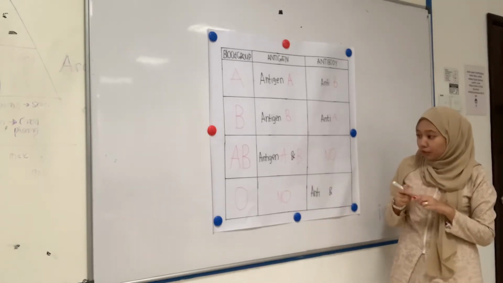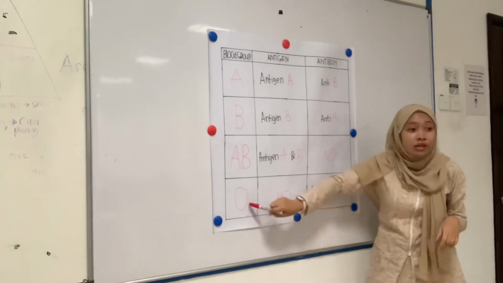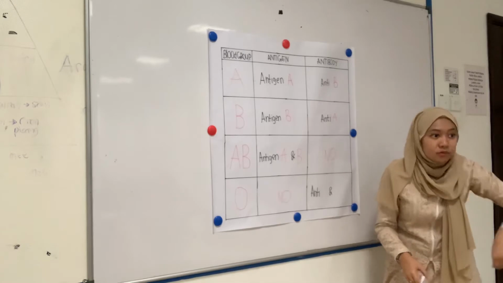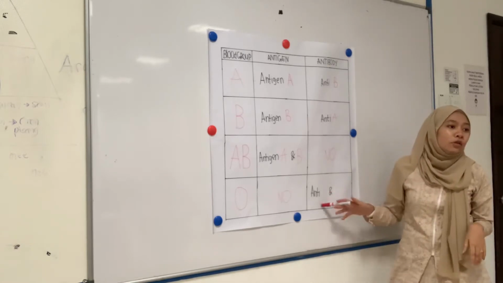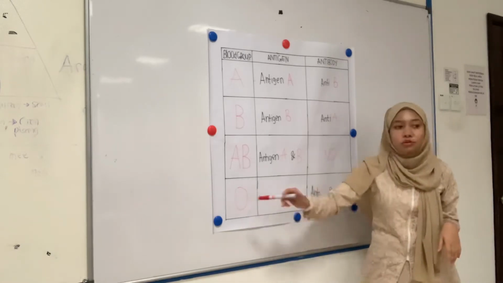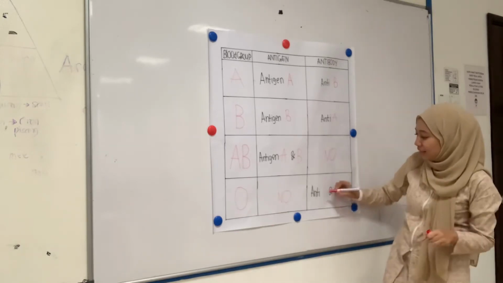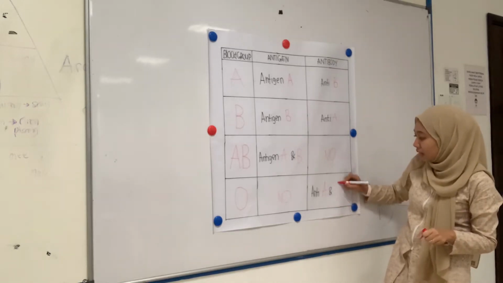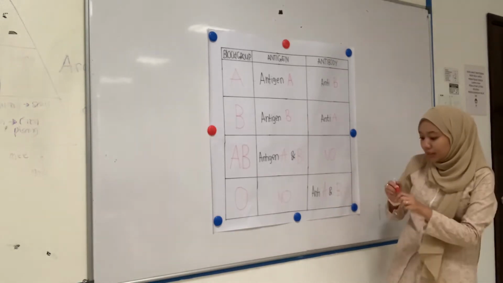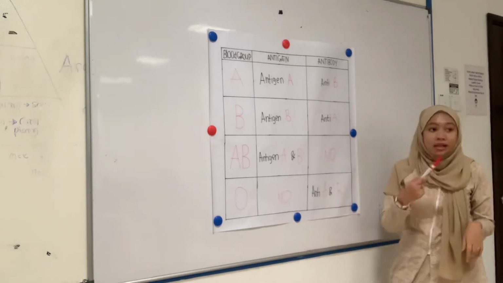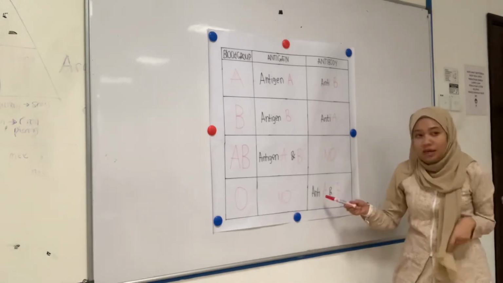While for the antibody, since Khalidah can only receive blood from an O individual, what is the antibody for Khalidah's blood group? I think it's A and B. Correct, Shamil. Thank you so much. Yes. Why is it A and B? This is because Khalidah can only receive blood from O. So that is why the antibody in Khalidah's body will be anti-A and anti-B.